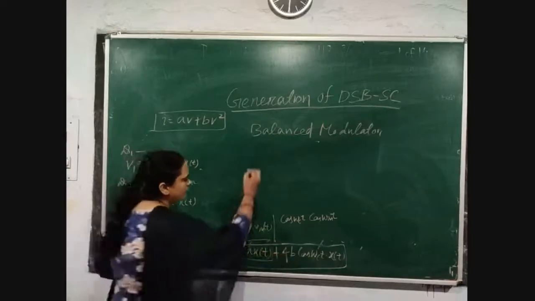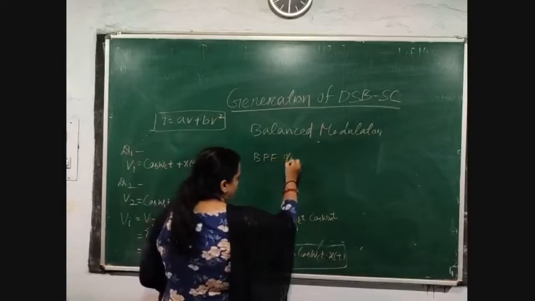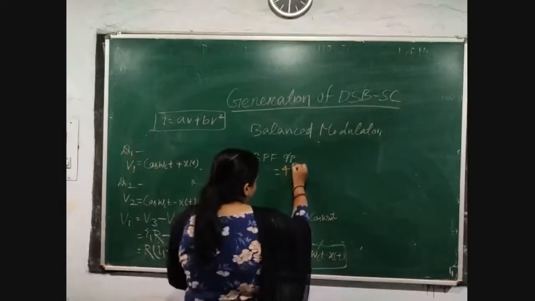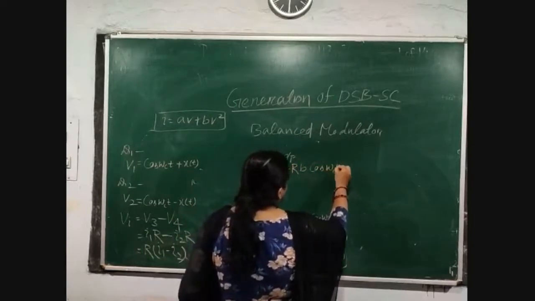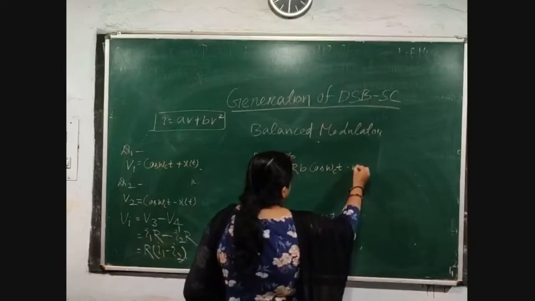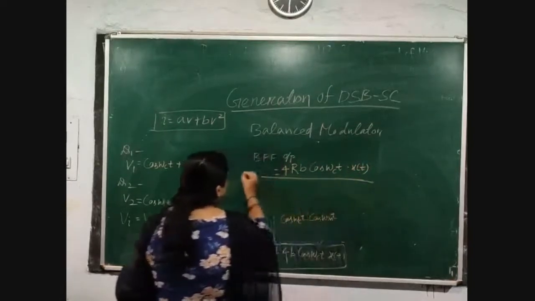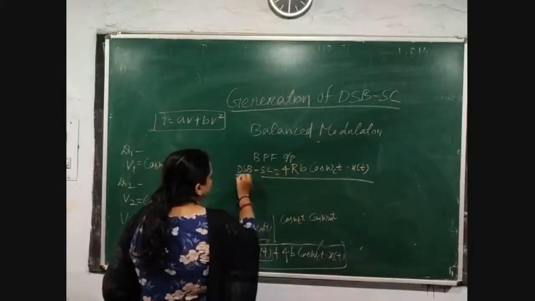So at the output of the band pass filter, we get 4RB cos omega ct into x of t. So this one is the final equation of DSB AC signal.